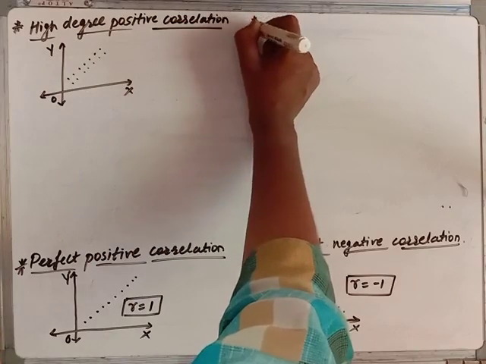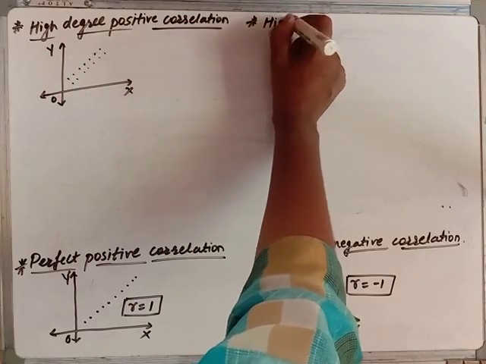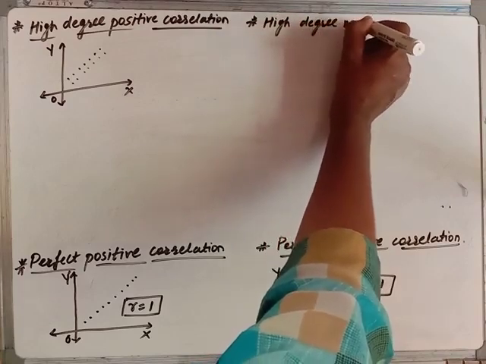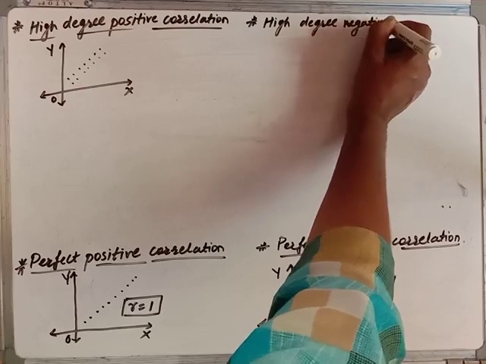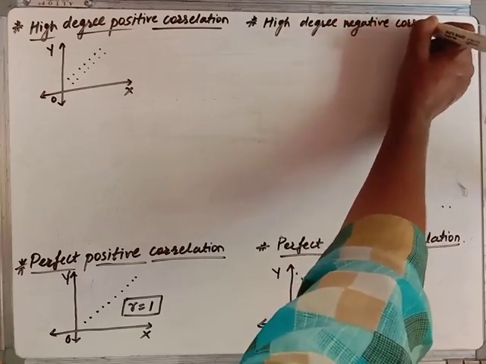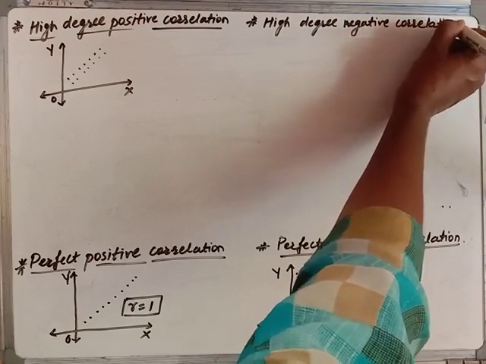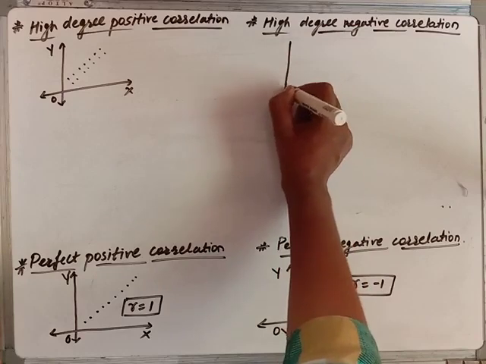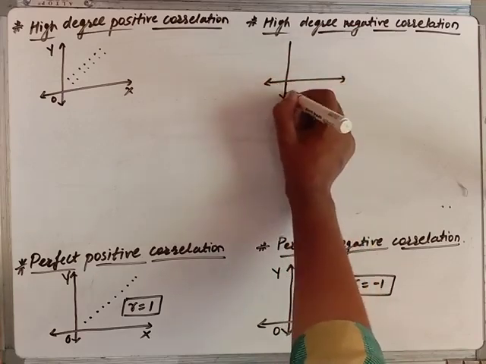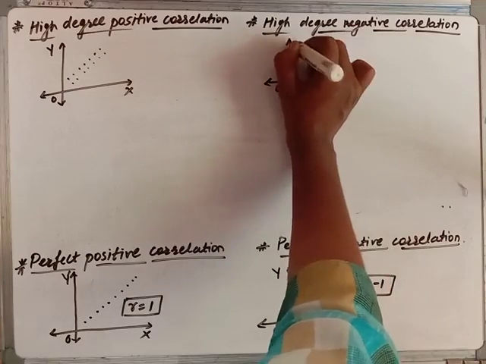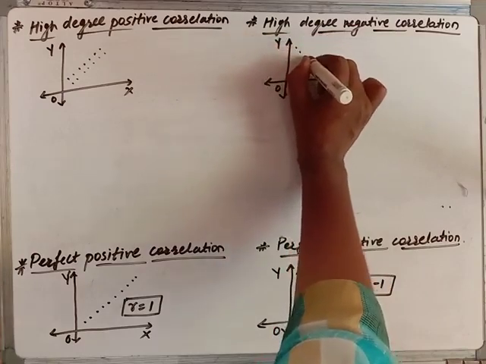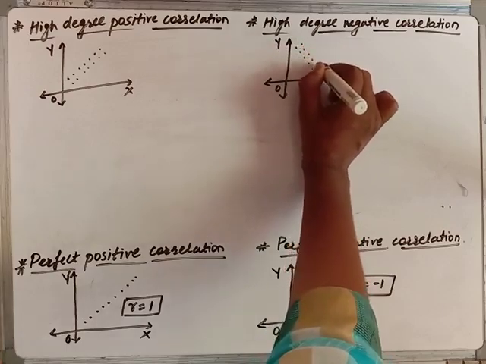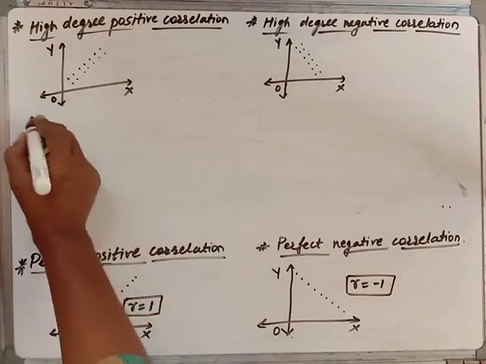Similarly, high degree negative correlation. How does the scatter diagram look? It will be as such.